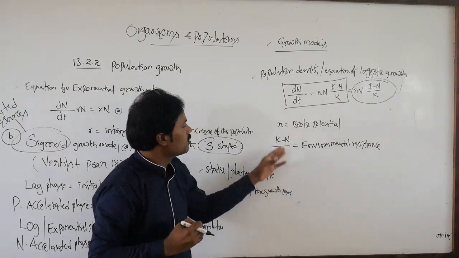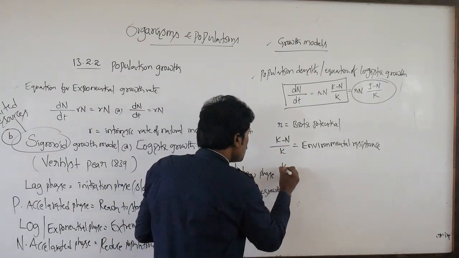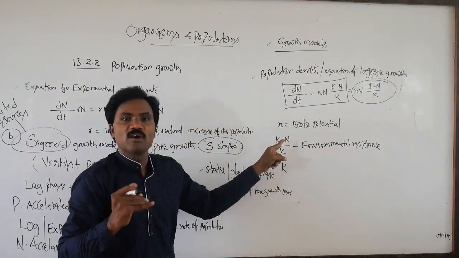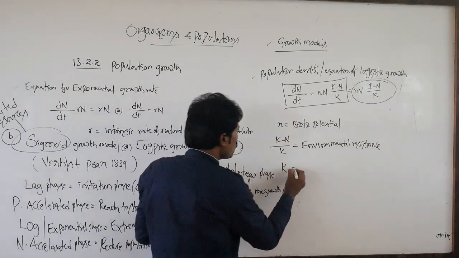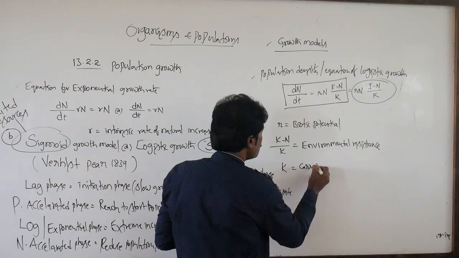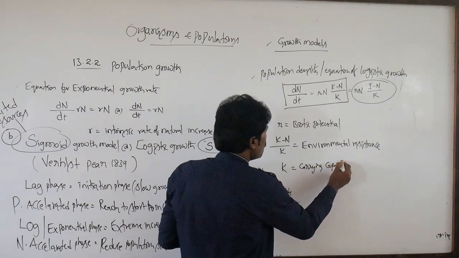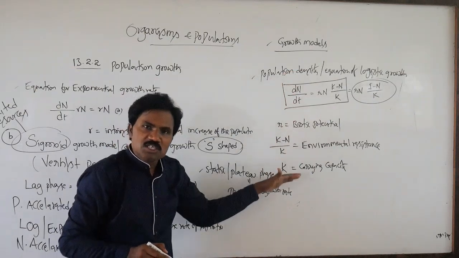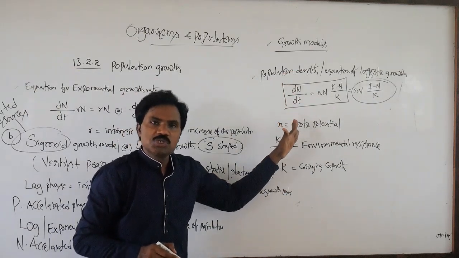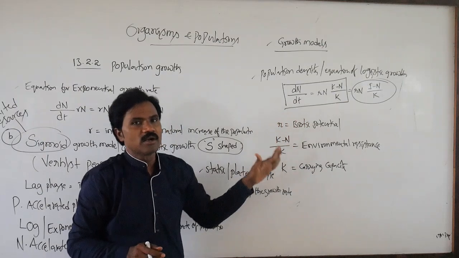In this, N is the size of the population, K is equal to carrying capacity. Carrying capacity.